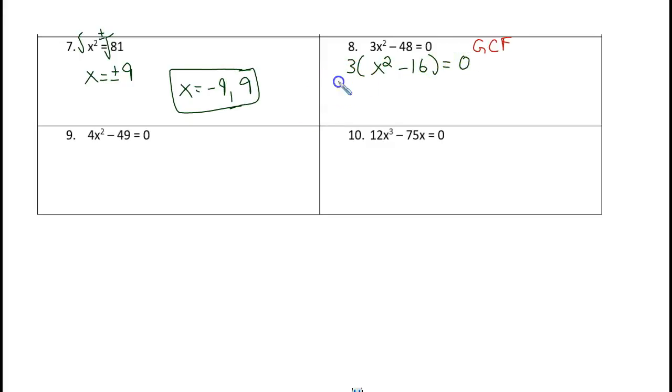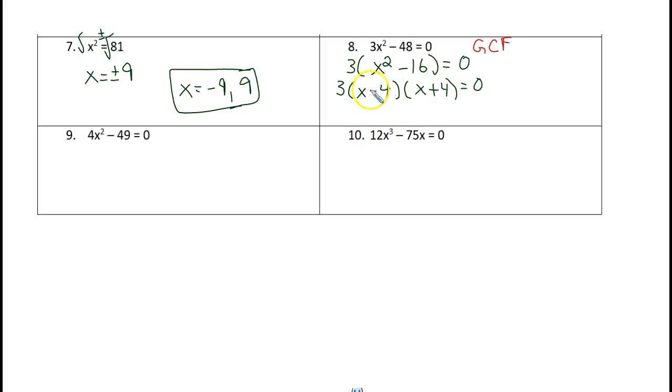The 3 is still out front. I can now break apart x squared minus 16 because 16 is a perfect square. It's going to be x minus 4 times x plus 4 equals 0.